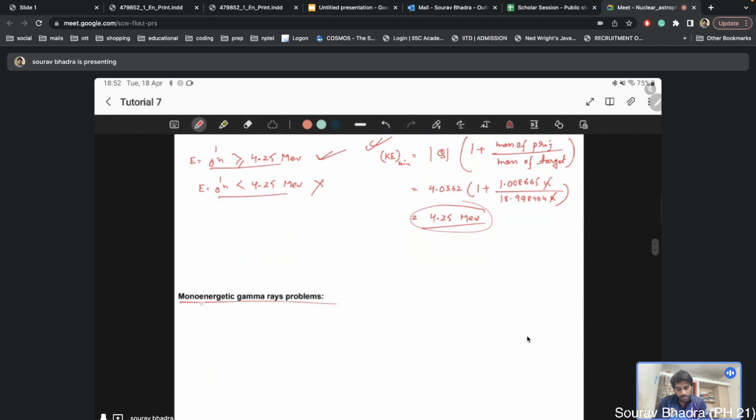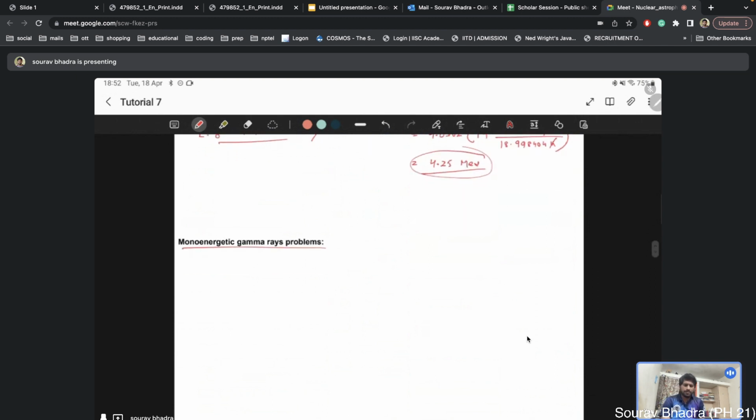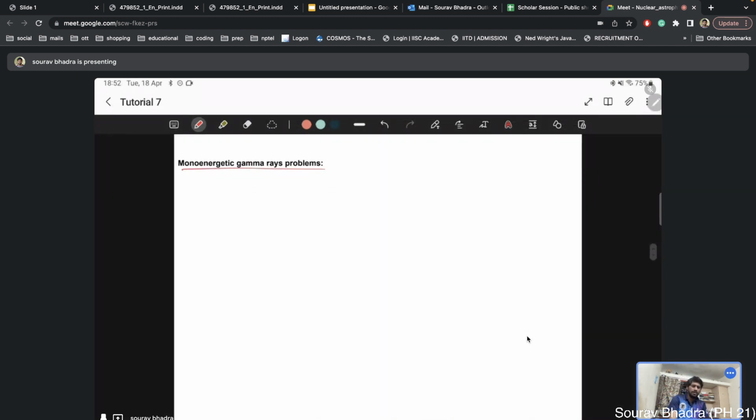Now coming to another thing, that is monoenergetic gamma ray problems. What I am trying to do is this: you have seen while going through the material that for an accelerator we have a beam of projectiles, and at some position there will be a target, and to keep that target in that particular position, we use some backing materials.